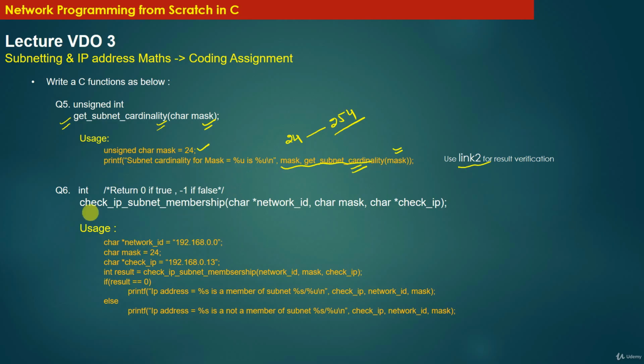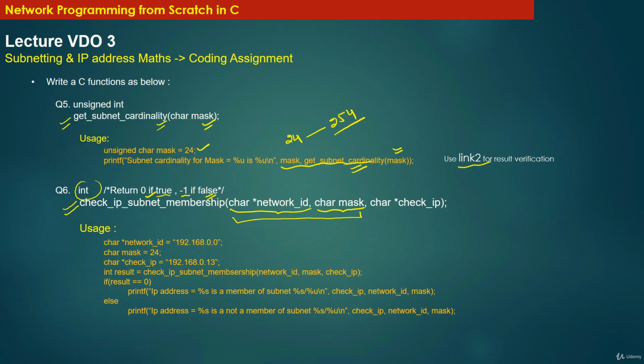Then the last question is the question number 6. In this question you have to write a function which returns an int value. Int value means if it returns 0, it means true. If it returns -1, then it is false. So this function actually checks membership of an IP address in a subnet. The first argument to this function is the network ID, and the second argument to this function is the mask value. So first and second argument of the function is the input.